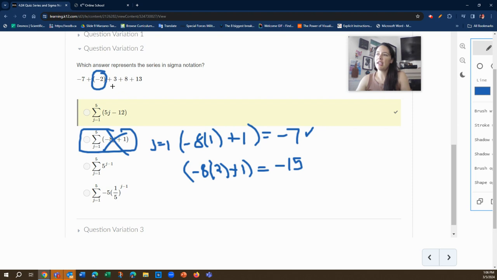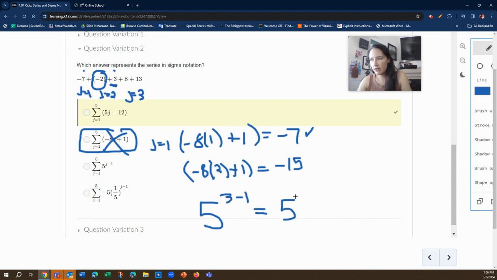Let's just plug in 3, because J equals 1 should be -7, J equals 2 should be -2, J equals 3 should be 3. 1, 2, 3. See if that makes sense. So let's plug that in for this one. So we have 5, 3 minus 1.